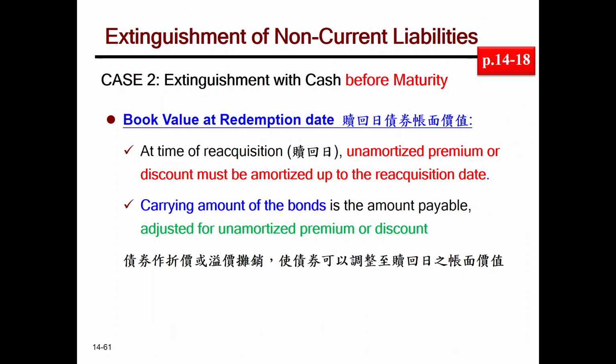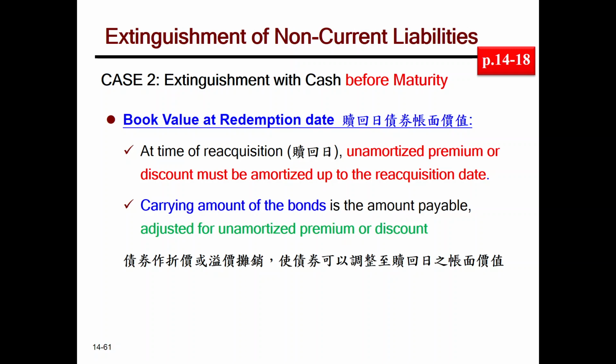So look at page 61. Book value at the redemption date. So you should find out your bonds payable book value at the redemption date first, right? Because you should find out what is your liability today, the redemption date. Okay?